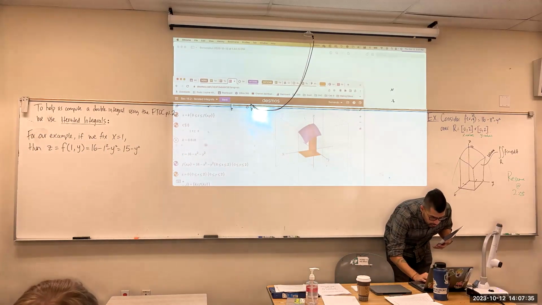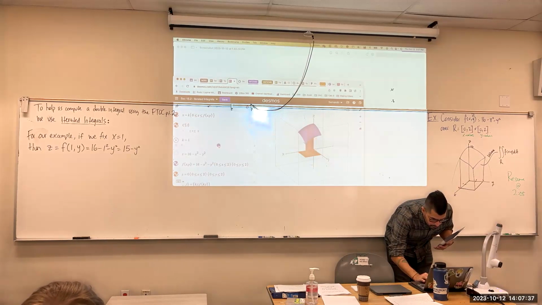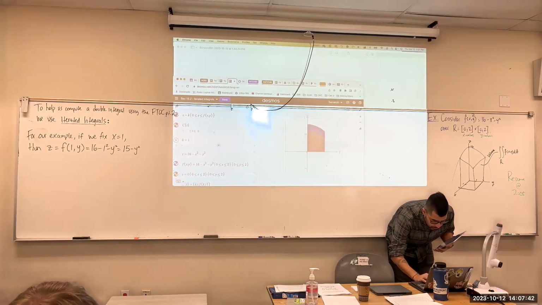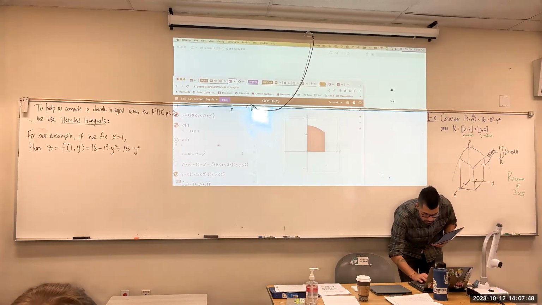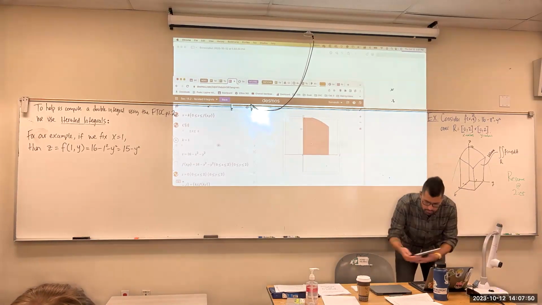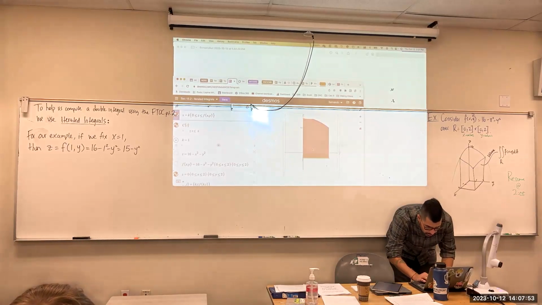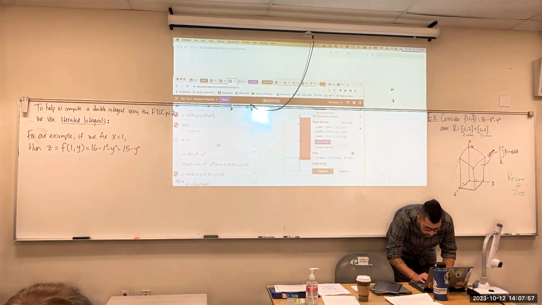So let me move it to where it was, 1. Do you guys see the ZY plane? Let me see if I can do it so it can move. Hold on, give me a second.